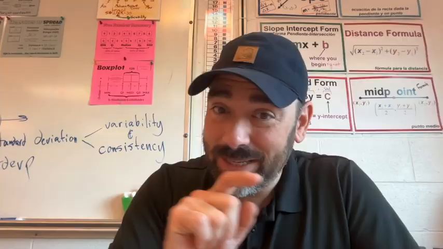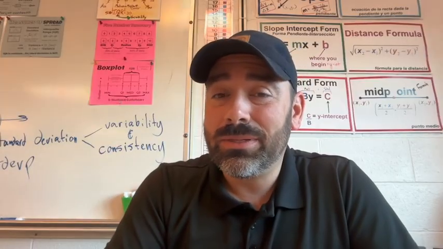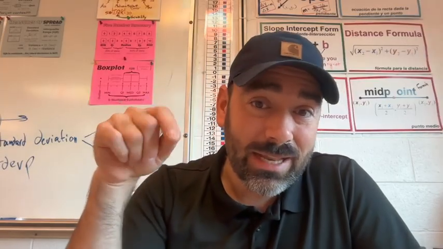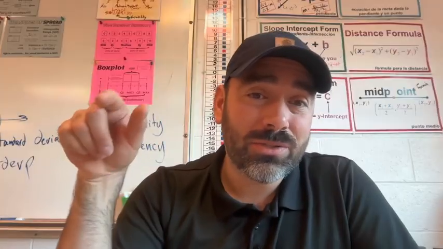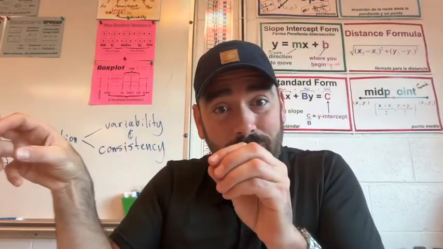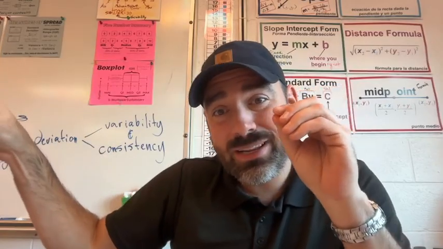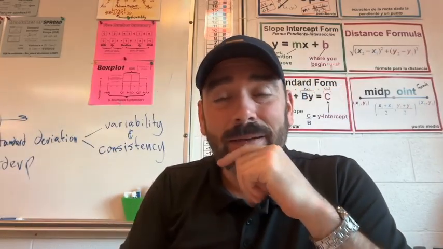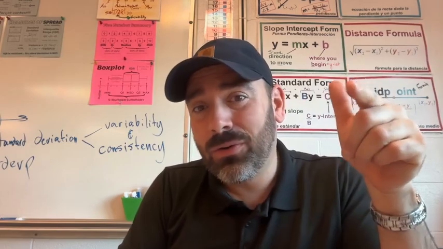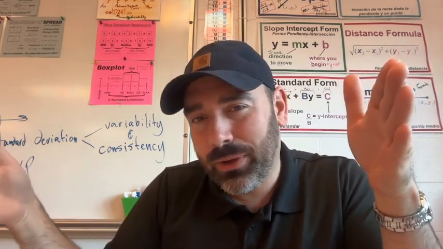Here's the thing though, the IQR is going to be something that we see in the next lesson that helps us determine whether a data point that's far away from the center actually is an outlier, or if it's just a faraway point.